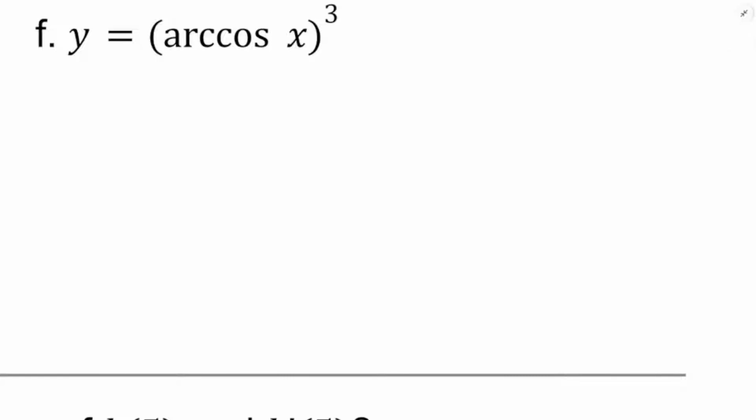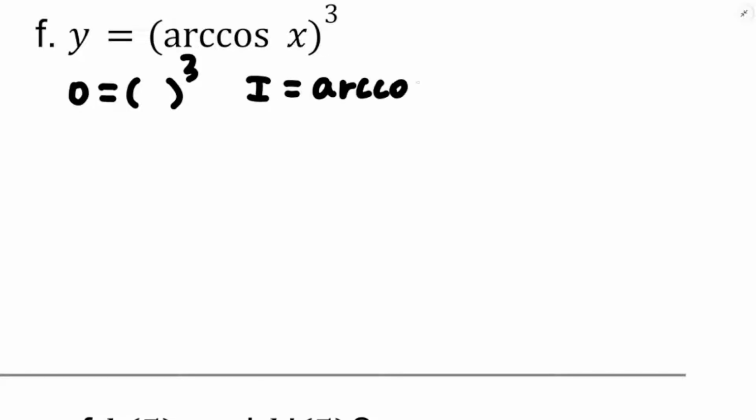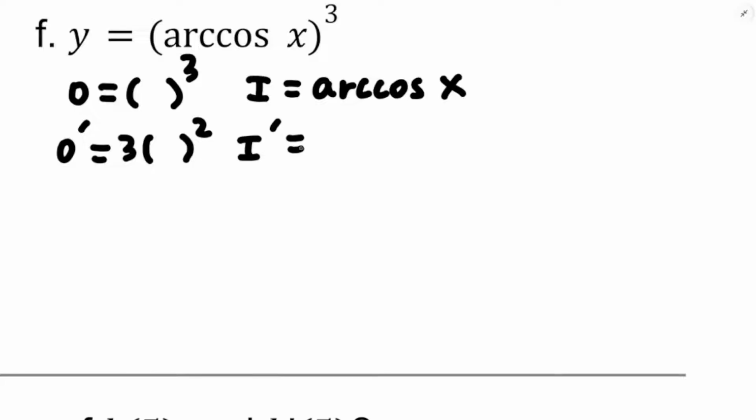All right, y equals arc cosine of x cubed. On the outside on this one, I've got the third power. And on the inside, I've got arc cosine. So outside prime is 3 times that thing squared, and inside prime is negative 1 over the square root of 1 minus x squared.